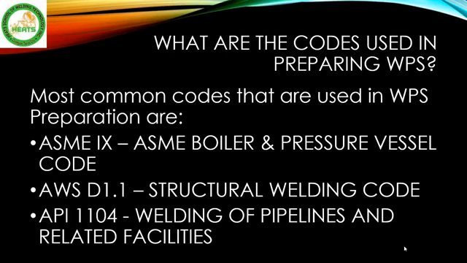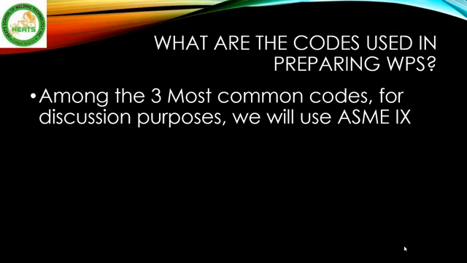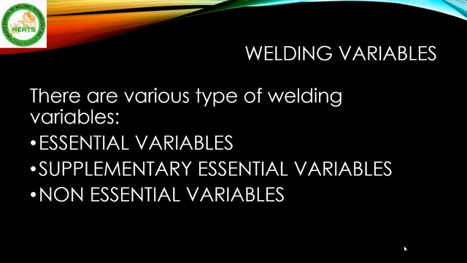So for the sake of discussion, among the three most common codes, in this presentation we will use only ASME 9, because this is the most commonly used, especially in facilities like plants and pressure vessels.